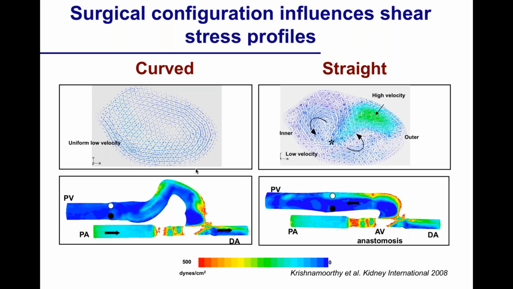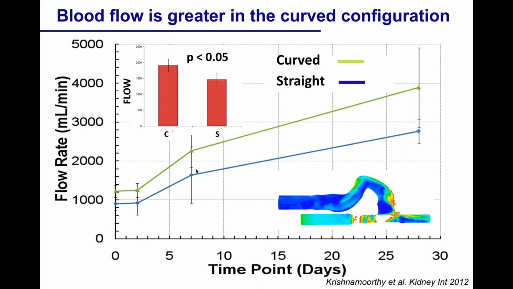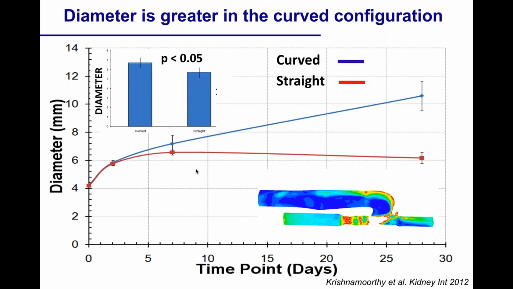What was particularly interesting to us was that these differences in flow and shear then seem to translate into actual differences in hard clinical parameters that all of you would consider to be important, such as blood flow and diameter, with the curved fistulae doing better than the straight fistulae in these initial studies.